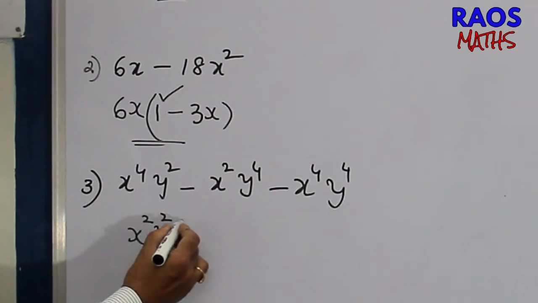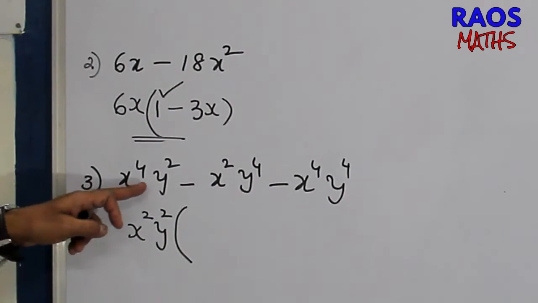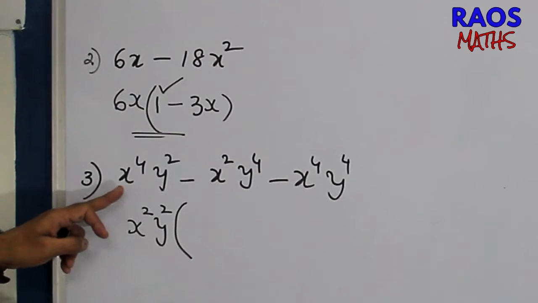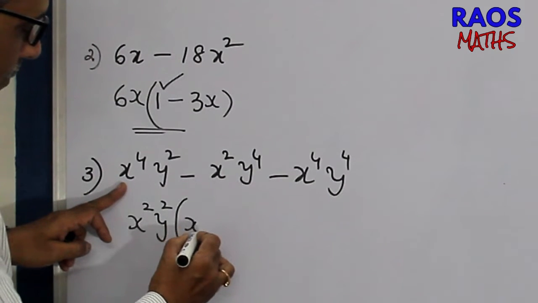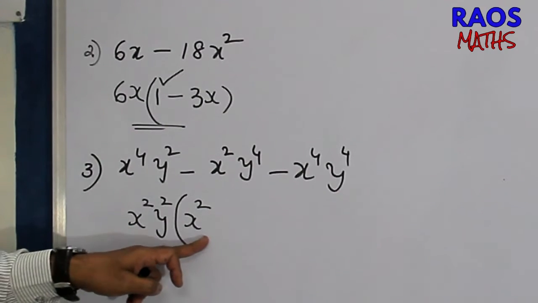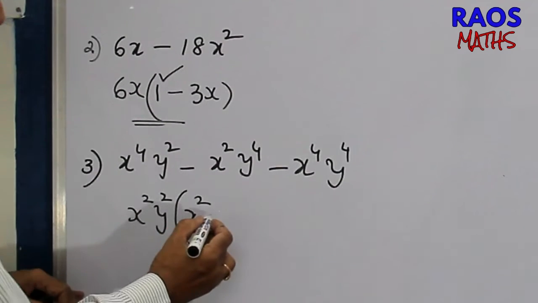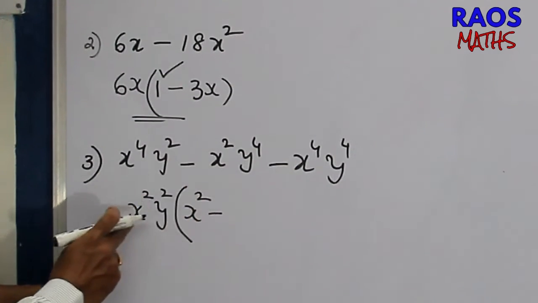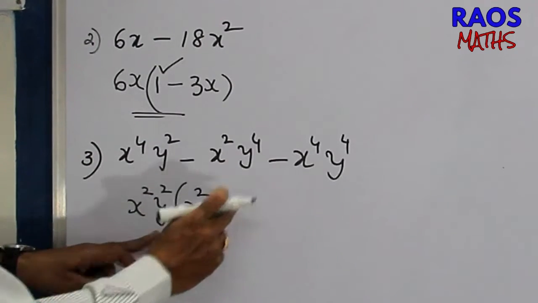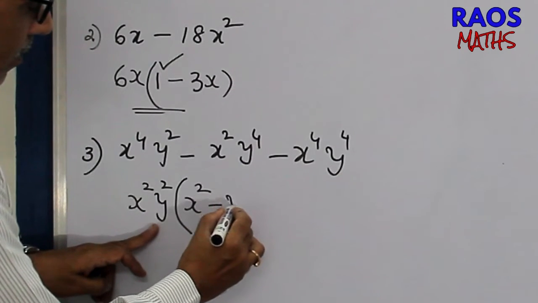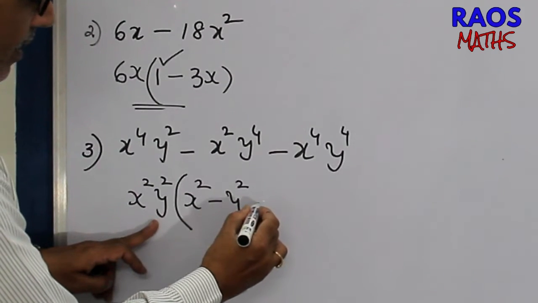It is a common factor. The rest of the factors out of the first term of this polynomial is only x square, because we know x square into x square is x power 4. Minus. x square is the common factor. Out of y power 4, y square is common. So the rest is y square.